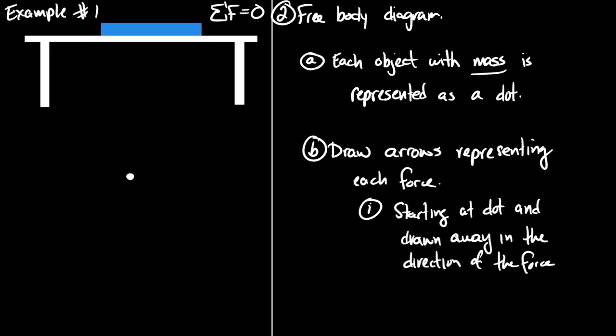So you draw these forces starting at the dot and drawn away in the direction of the force. Second, the arrow should be drawn to scale.